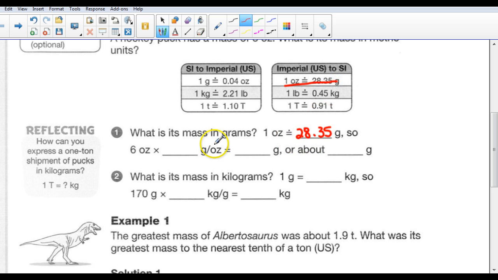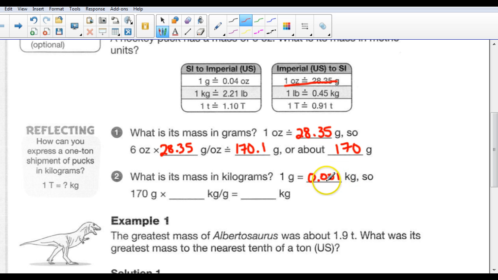Okay, so 6 ounces times 28.35 grams per ounce gives us an answer of 170.1 grams, or about 170 grams. Okay, so what is its mass in kilograms? Well, let's go back to the chart. 1 gram is the same as 0.001 kilograms, because we know it takes 1,000 grams to make a kilogram.